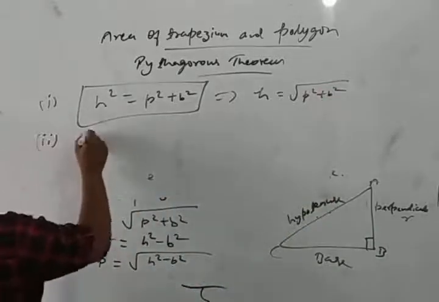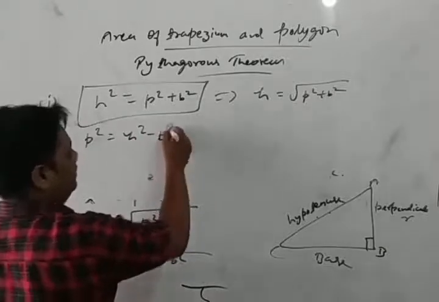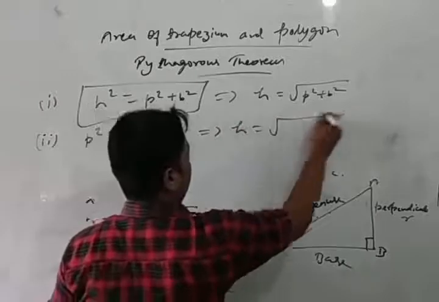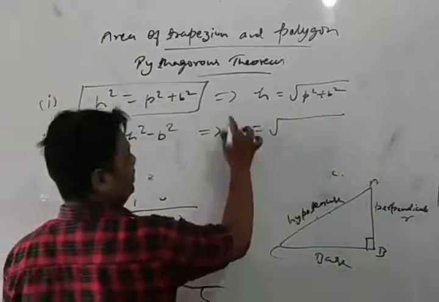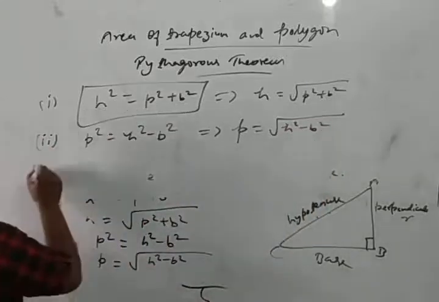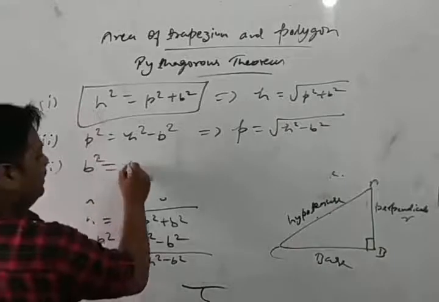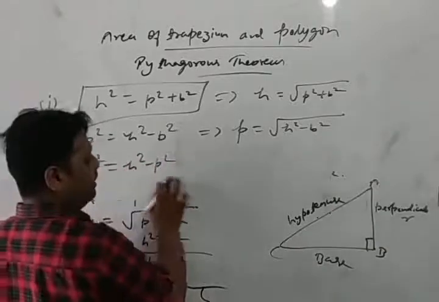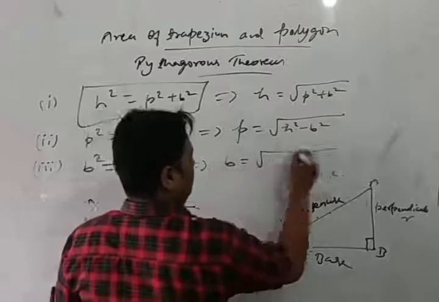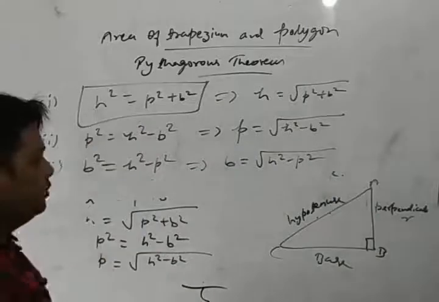If we have to find p, then p is equal to under root h square minus b square. And if you have to find b, then b square is h square minus p square, or b is equal to under root h square minus p square. So this will be the Pythagoras theorem.